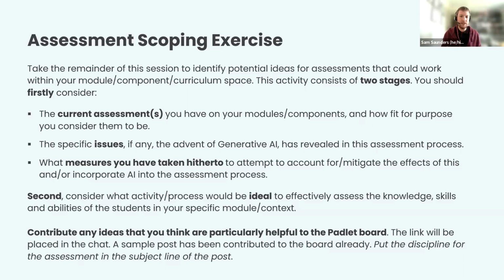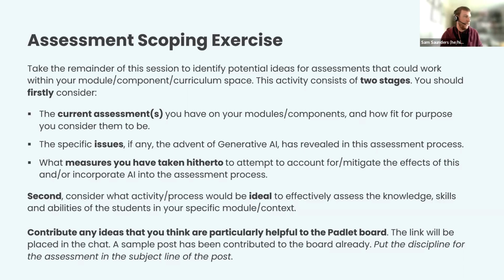And this activity consists of two sections or two stages. So you should firstly consider the current assessments that you have on your module or your component and how fit for purpose you consider them to be. So there could be a question around vulnerability to AI if it's used in a certain way, or it could be another aspect that you might want to think about.